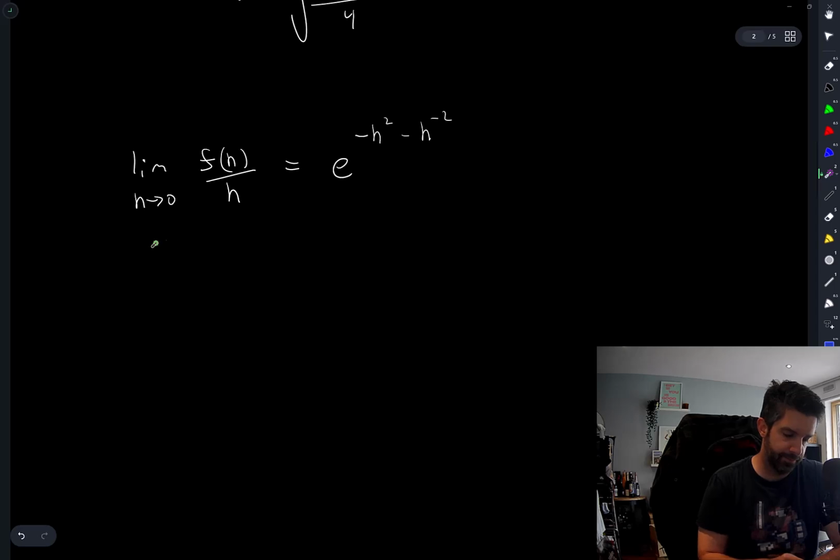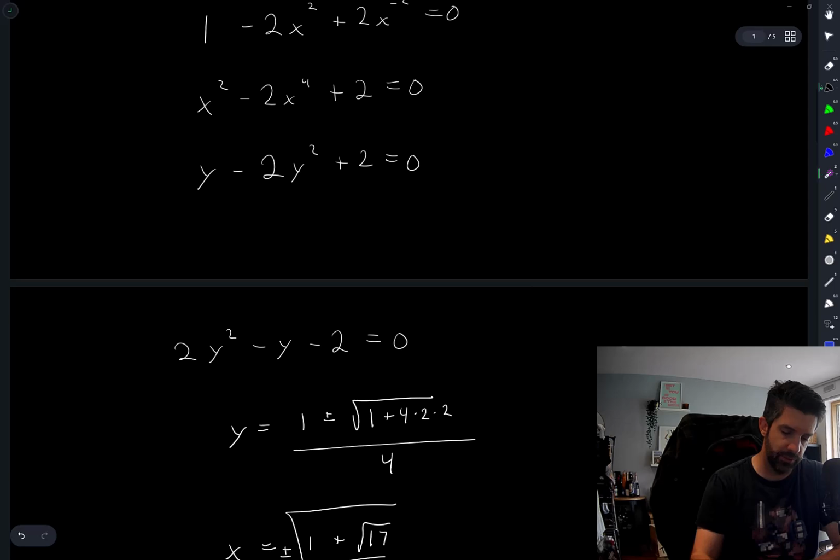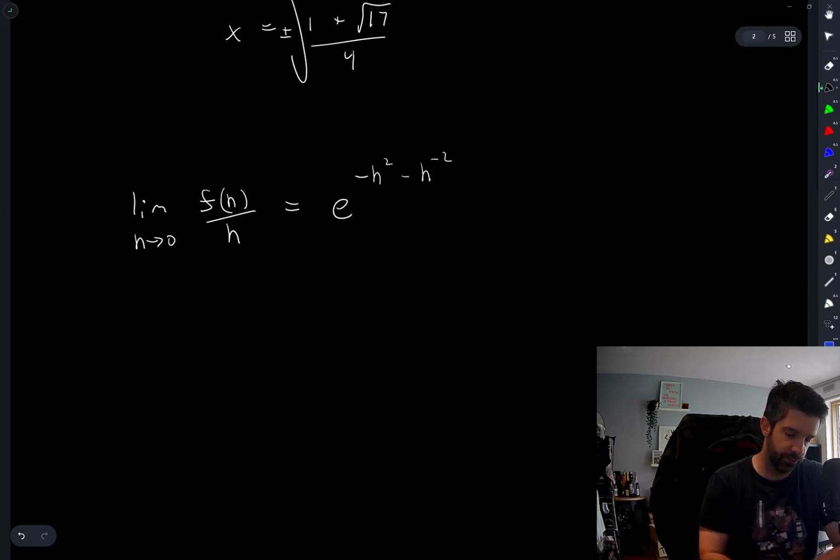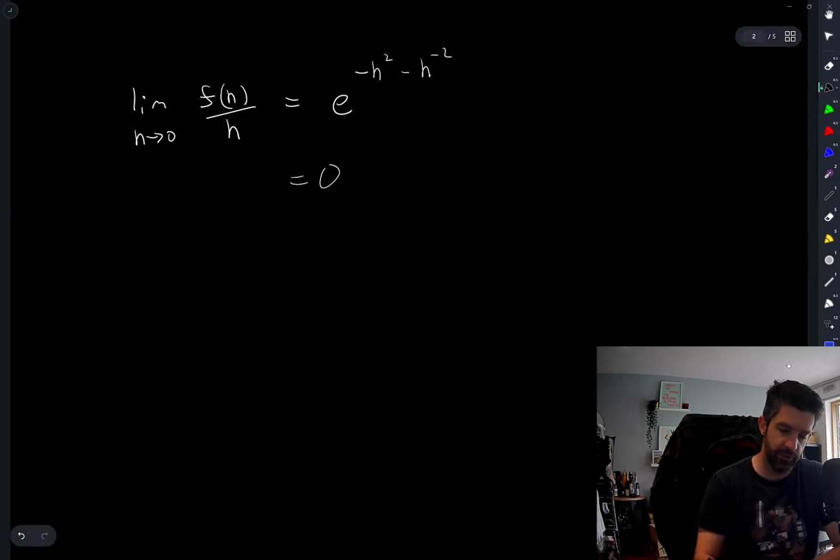As h goes to 0, this goes to infinity. So I have e to the negative infinity. So this equals 0. So there is, in fact, a horizontal tangent at 0.